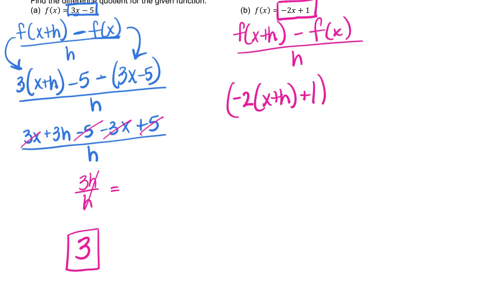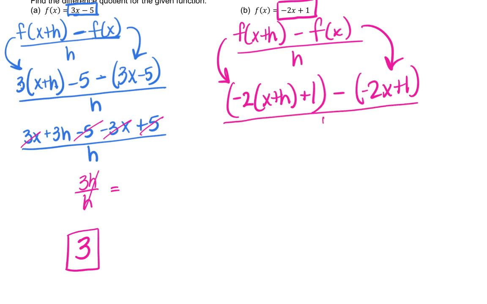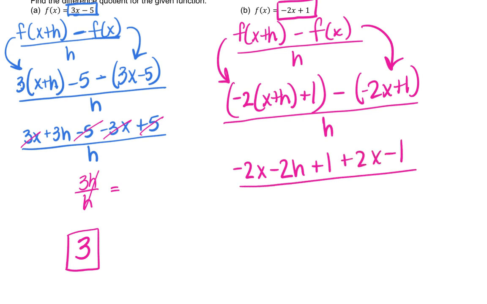So this is the first part, minus negative 2x plus 1, because that is the actual function. And it's over h. So I'm going to distribute the negative 2. Then I'm going to distribute the negative. And then you can go through and see what cancels.